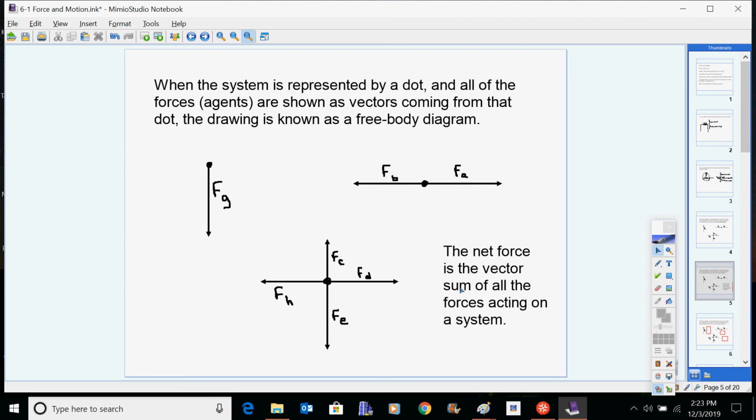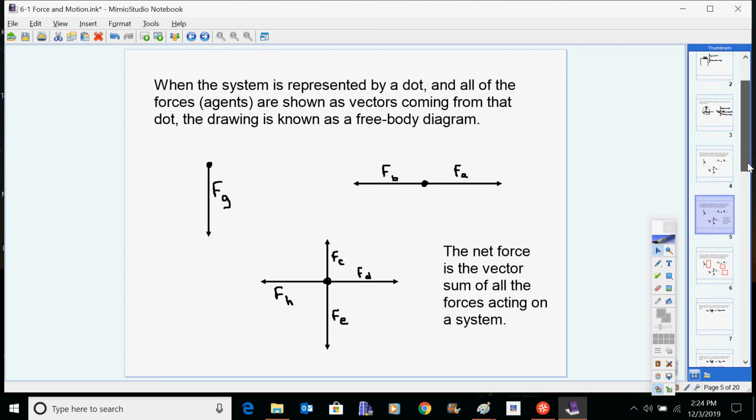We've used that word vector sum before a couple chapters ago. Vector sum of all the forces that are acting on the system. So what we can do is talk about the net force for each one of these particular scenarios.